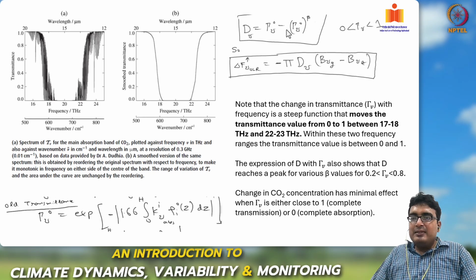Since transmittance is between 0 and 1, this value is a positive value.